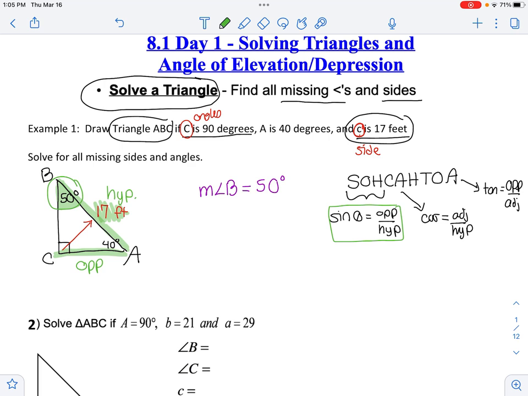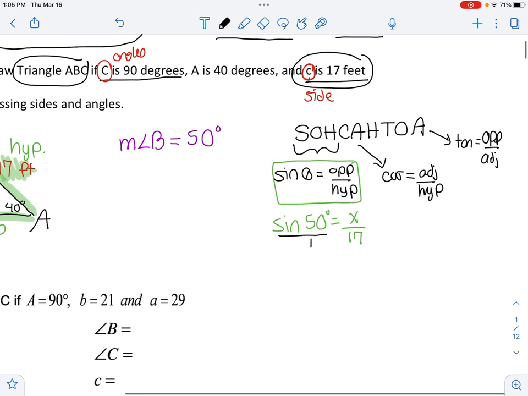According to the equation, we're going to do sine of the angle. I'm using that 50-degree angle. My opposite side is my unknown, I'm going to call that x. And my hypotenuse was given, that was 17. Now, solving this equation, you can do a number of things. I always like to write a proportion and then cross multiply.